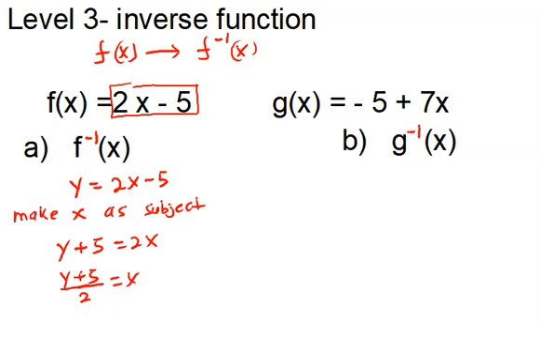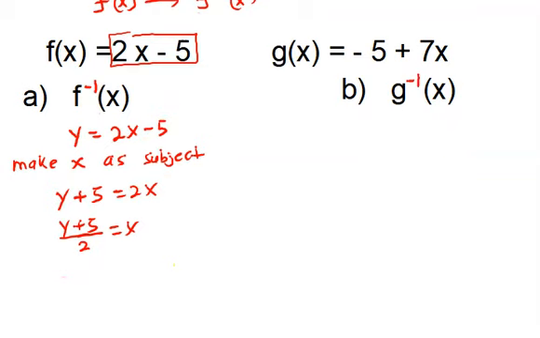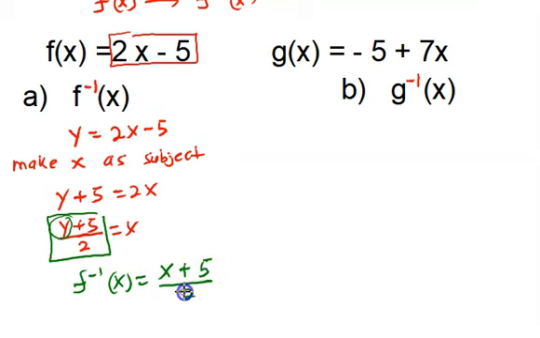After you have made x the subject, we place f negative 1 x, and this is your answer. The only change you have to make is to change the y into x. So it will be x plus 5 over 2. So this is your inverse function.